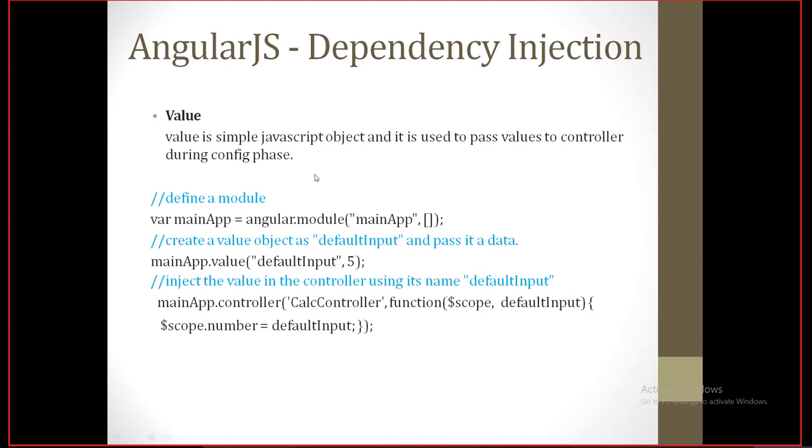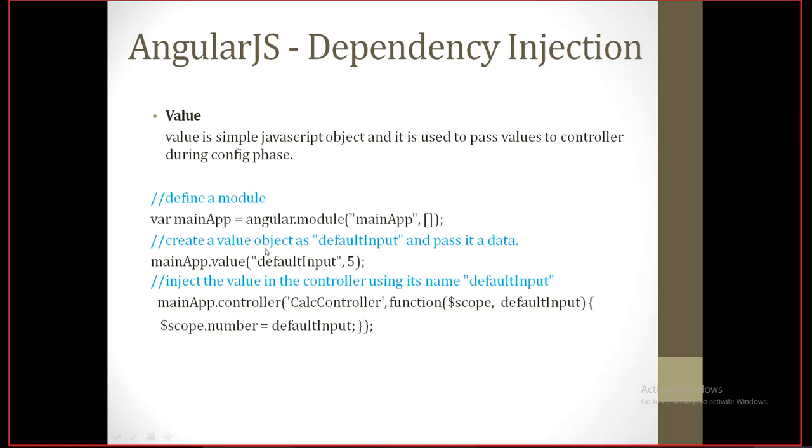And if we want to pass any values to the controller when we are configuring the controller, at that time we can use the value function, as you can see. So here we have defined the module with the help of angular.module function as usual.